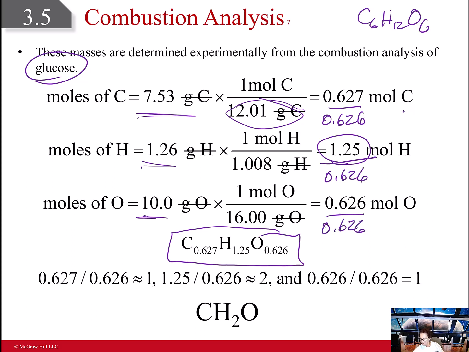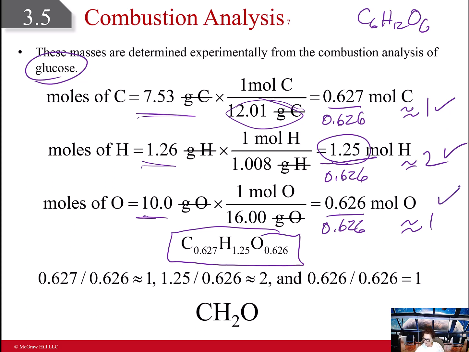Now that gives me, this one is really close to 1. And they're not going to be exact because it's experimental, right? So we have some things that may not be perfect, but we get 1. And then when I divide this one, I get really close to 2. And then this one, I get close to 1. So that tells me I have 1 carbon, 2 hydrogens, and 1 oxygen.